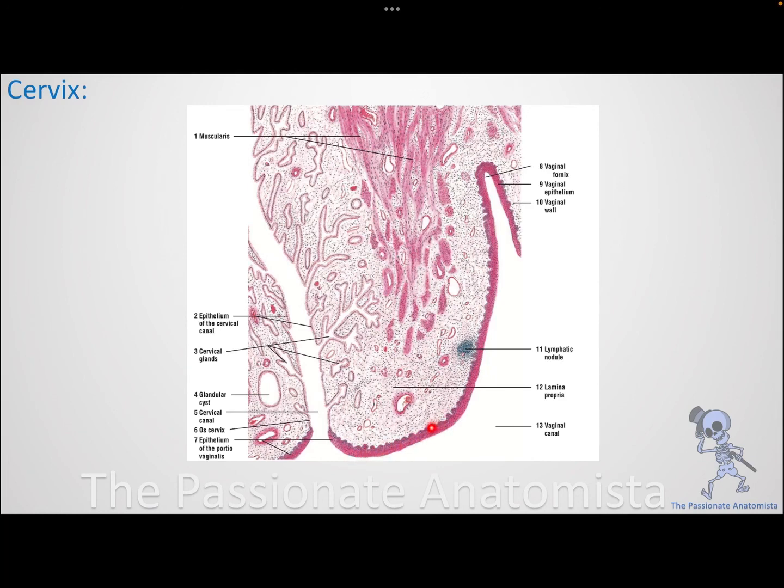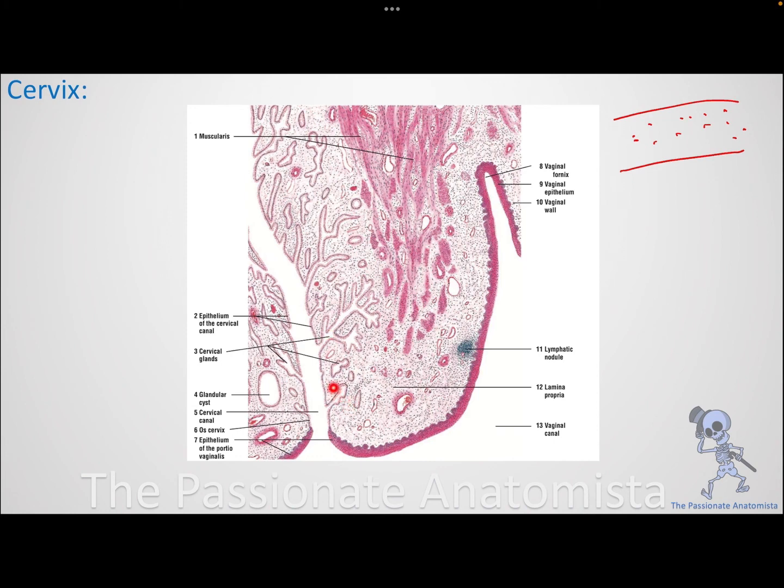All right, this is the stratified. It means a lot of layers are here, and because there are a lot, you cannot see anything other than the dots of the nuclei of the cells, because this is a stratified squamous epithelium. And here this is following the uterus with the simple columnar epithelium.